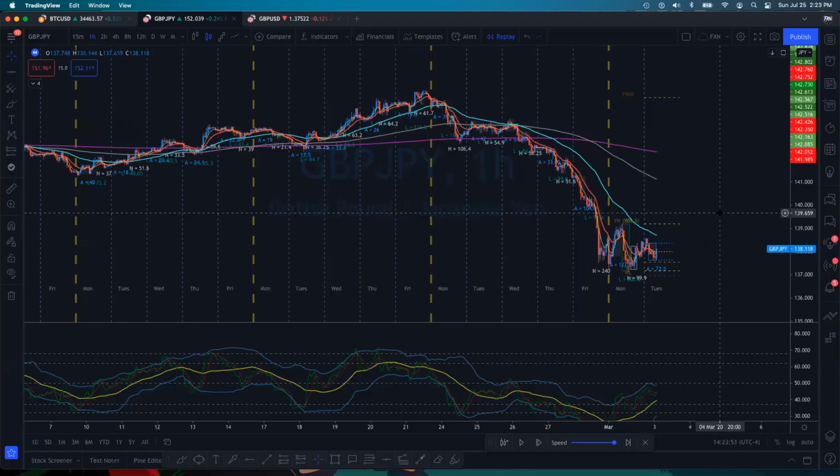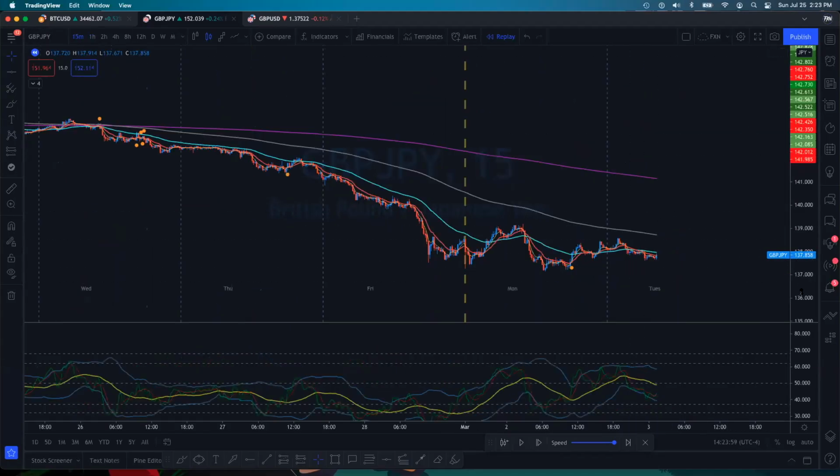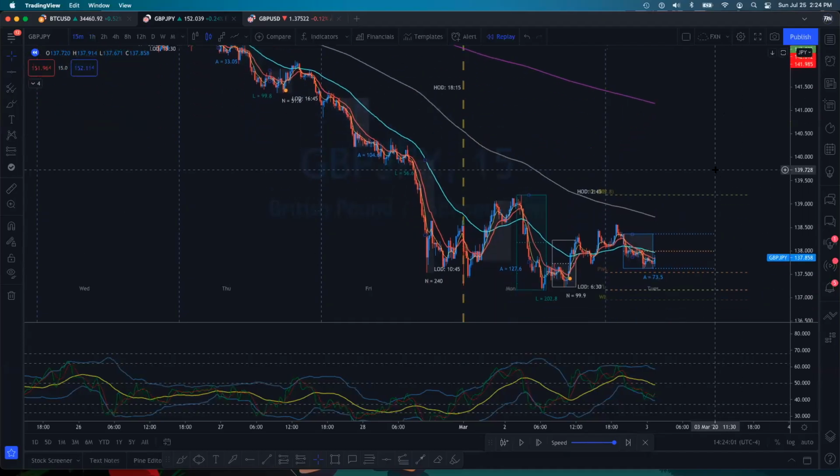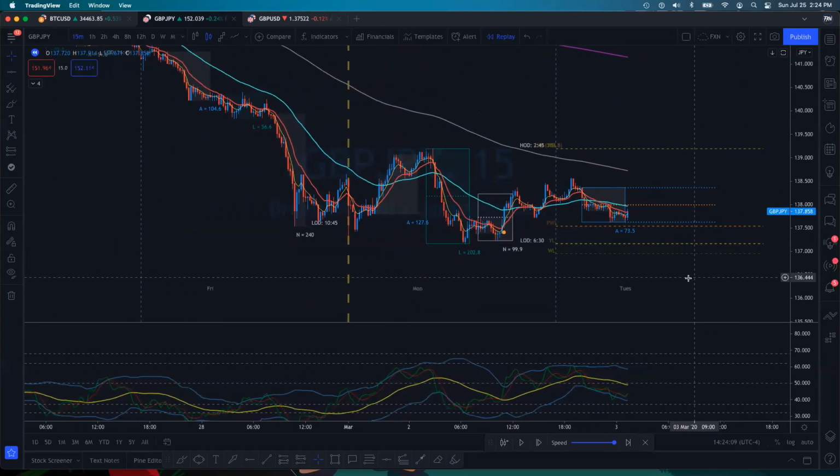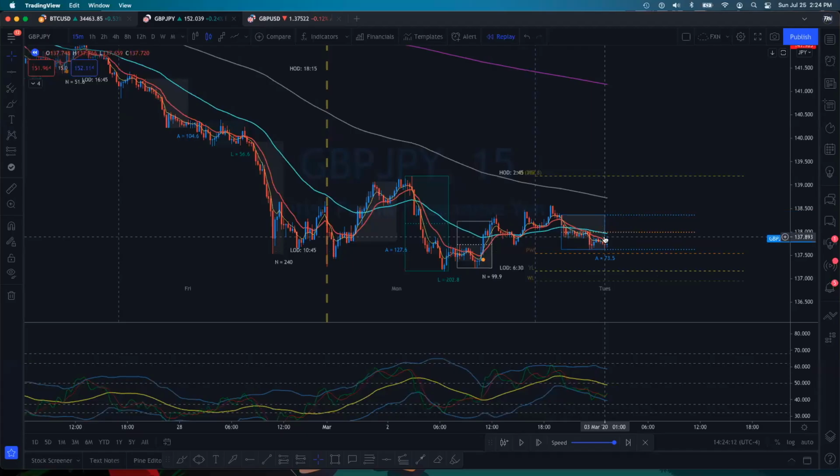Yeah. So the way that I look at this is, unless price action tells me that I'm looking for a buy, I wouldn't change my bias, you know?